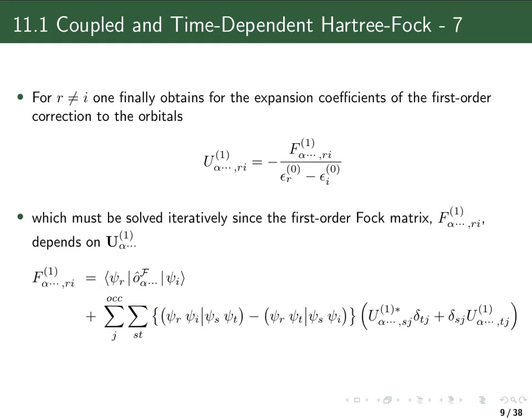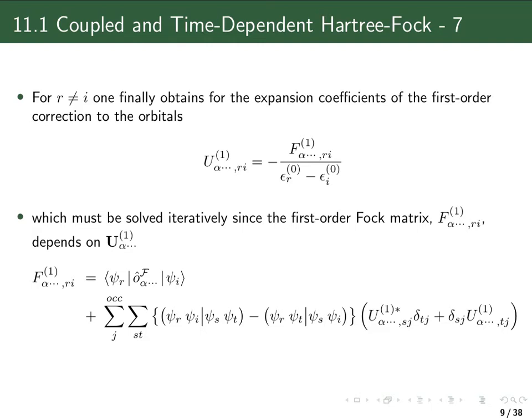Then we can reformulate the first order correction to the perturbed Hartree-Fock equation in this form, which means that we could directly calculate an element of this first order U matrix if we know the first order correction to the Fock matrix and divide by the difference of zeroth order orbital energies.